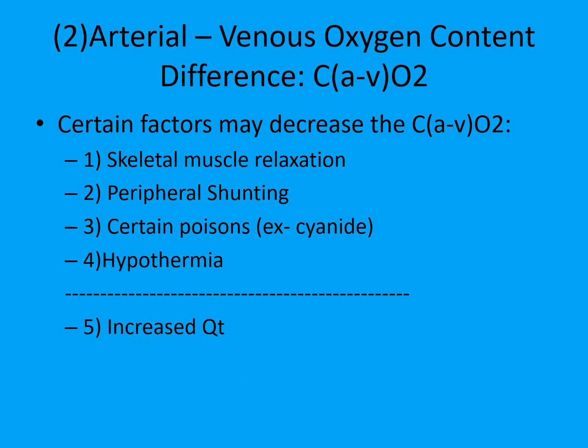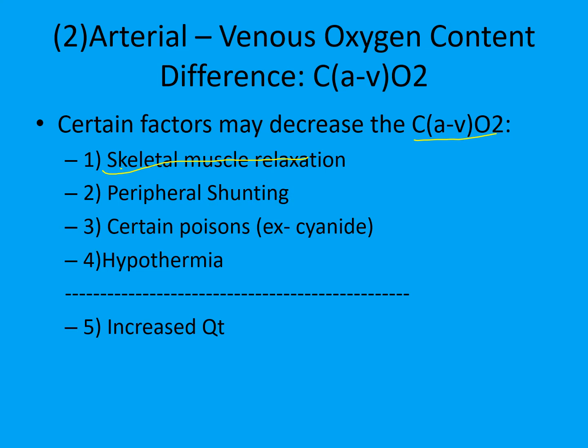All right, what about decreasing the A to V gradient? Things that can easily do this, and we may do this on purpose too, is skeletal muscle relaxation. If we have a patient that has very low PaO2s and very low saturations, one of the interventions that can be done is giving them a paralytic.